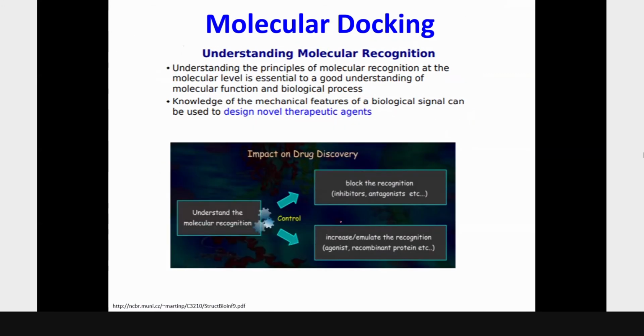So when you know all this concept like molecular recognition, what is the use of this? The use of this is for controlling. If you know the driving forces for any physical or chemical process, you can control that process or you can tune that process.